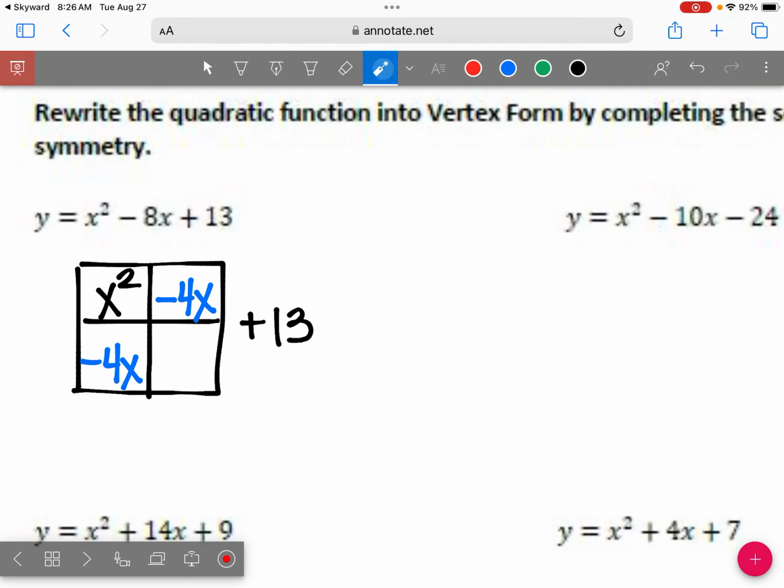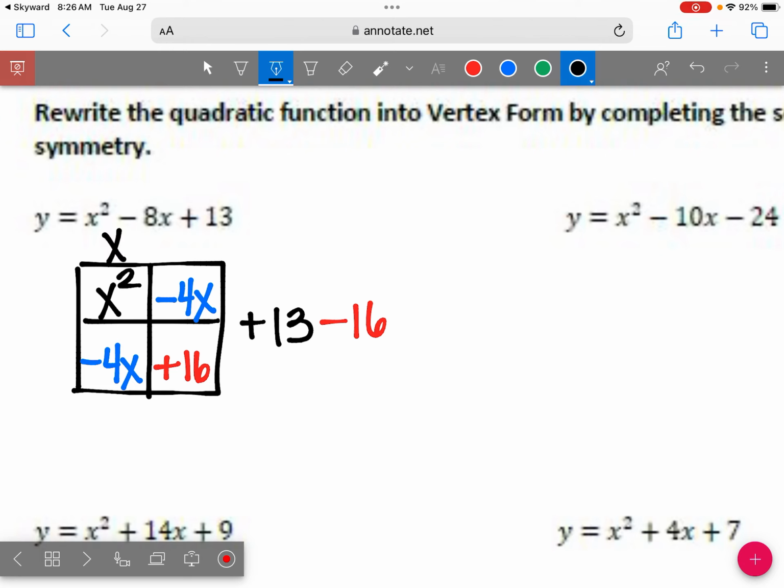So the number that's going to complete the square is whatever you get when you multiply negative 4 times negative 4. When you multiply 2 negative numbers, it's positive. So pick up your calculator if you need to. Negative 4 times negative 4 is a positive 16. Whatever you put in that square, you have to subtract it from C.